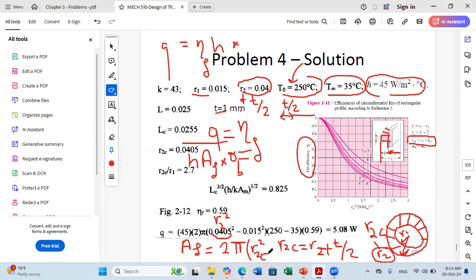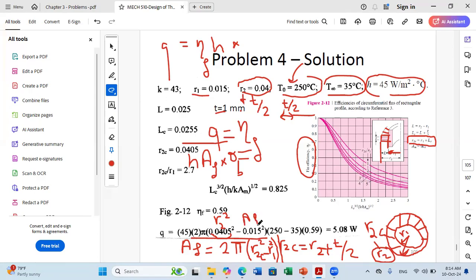So I replace in my formula A frontal by 2 times pi times R2 corrected square minus R1 square. So this term represents AF.